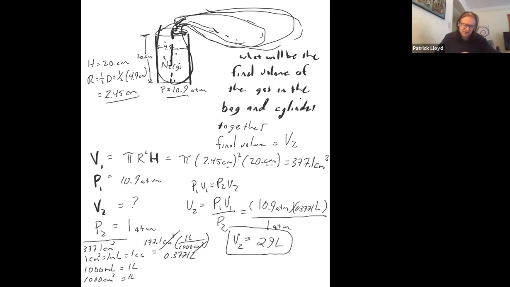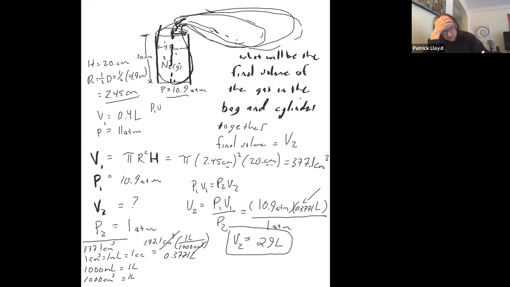And let's see if that makes sense. The initial volume was about 0.4 liters, right? 0.3771 is about 0.4. And our pressure was about 11 atmosphere. The two of them together is a constant. So if I multiply 11 by 0.4, I get 4.4.